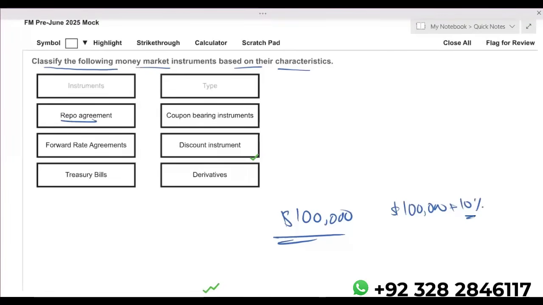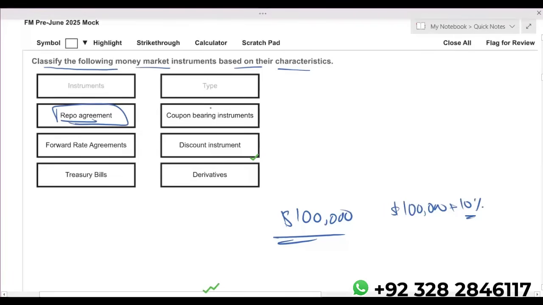For example, assuming Bank A is giving a bond to Bank B, but Bank A is saying, give me $100,000, take my bond, but after 6 months I will give your 100,000 back with 10% interest, or with 5% interest. If these kinds of things fall in repurchase agreement, that is a repo agreement.